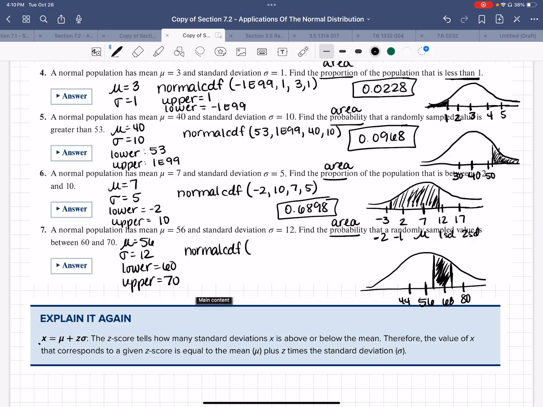So I've got normal CDF is going to be, lower is 60, upper is 70. My average is 56, and my standard deviation is 12.